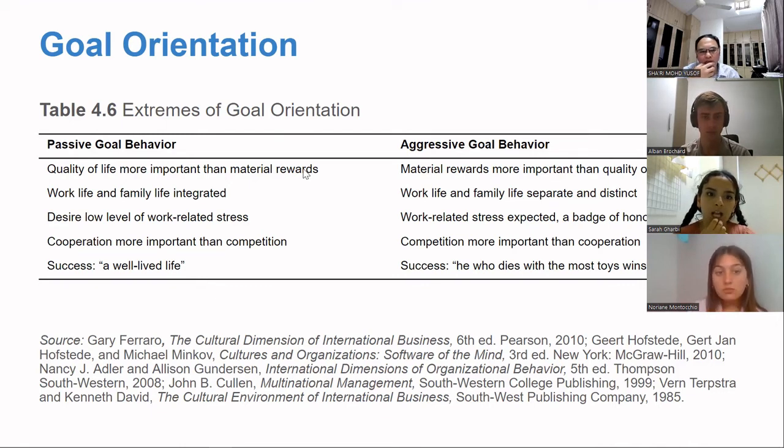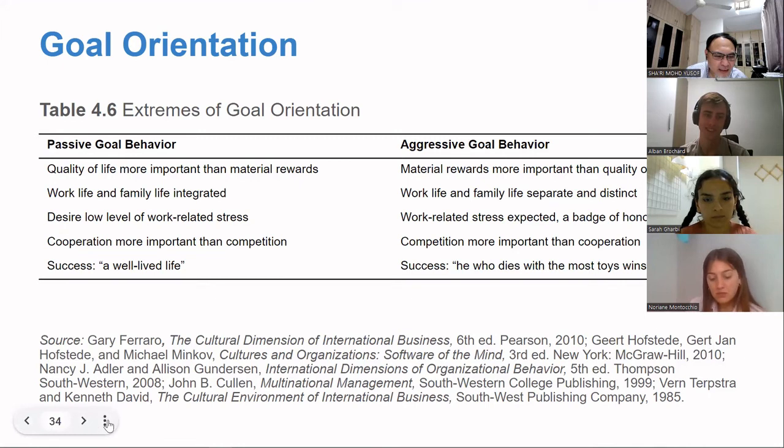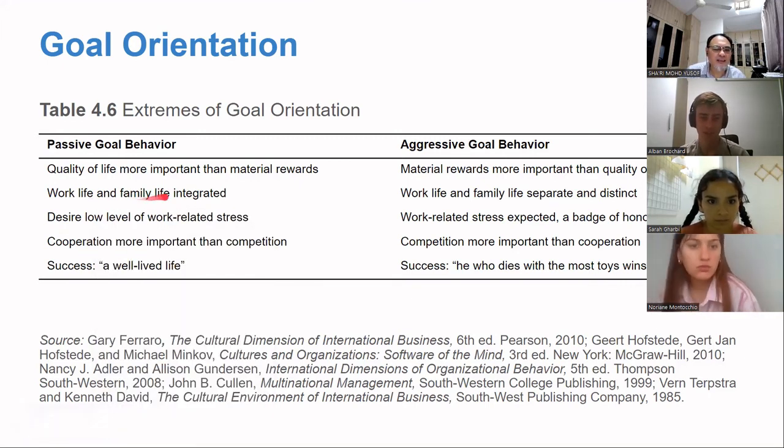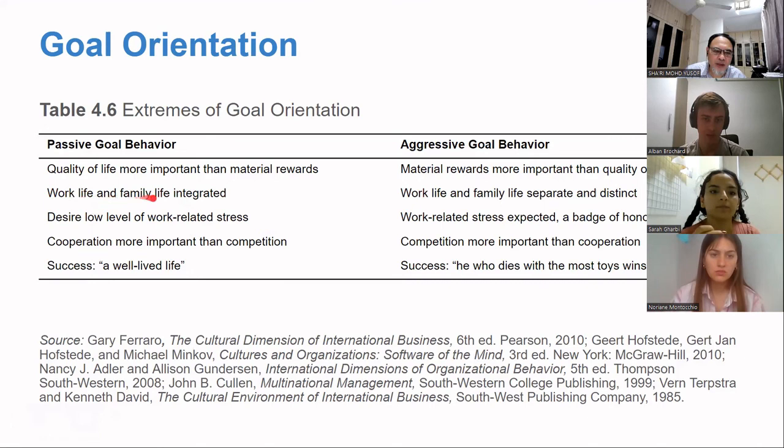Work life and family life integrated. Alban, I'm doing a survey now. I'd say 6 maybe. 6, okay. I'm not sure I understand the whole question though. No, the second one is actually, do you believe that work life and family life should be integrated?